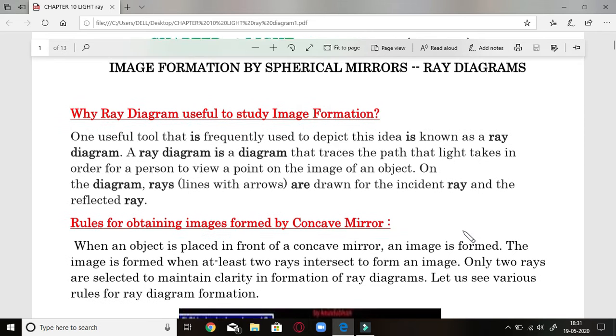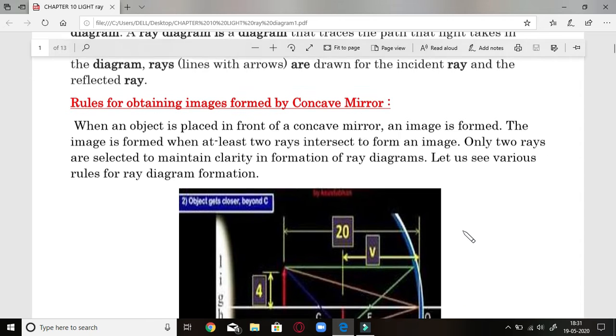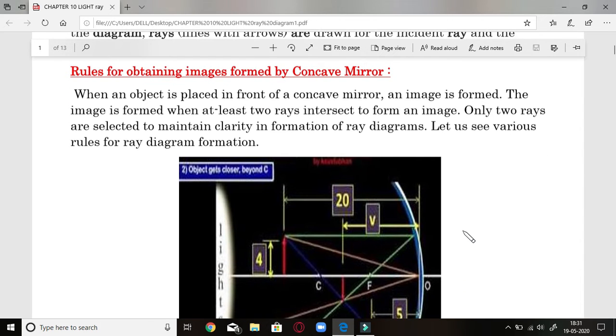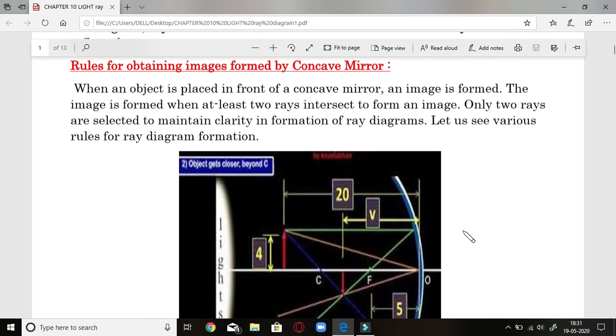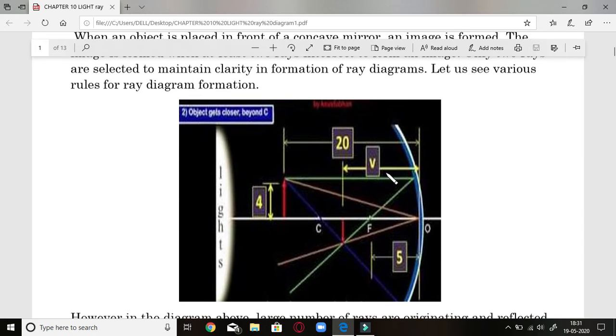Now next topic is that there are certain rules for obtaining images. So as to obtain the image and various characteristics in the concave mirror or convex mirror, we need to follow some rules. I would like to show you one diagram here. Now it is a concave mirror, as you can see here, before which a source of light is placed. Light is coming here and an object is placed here.